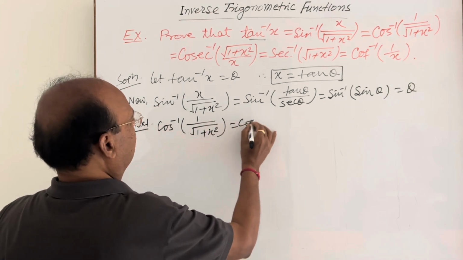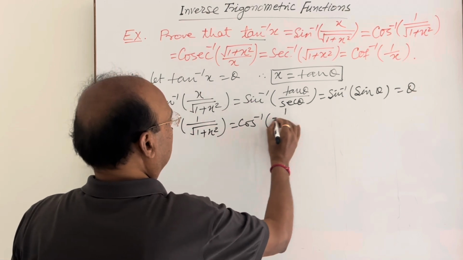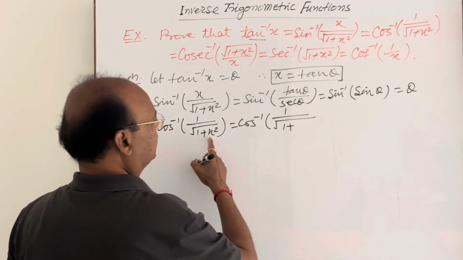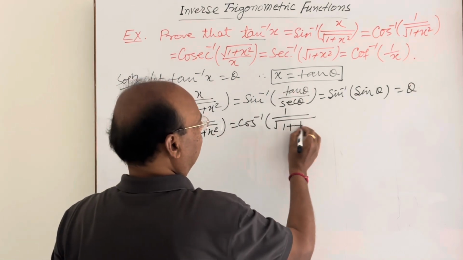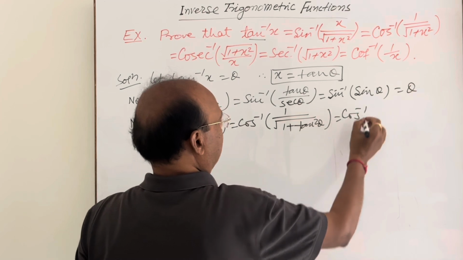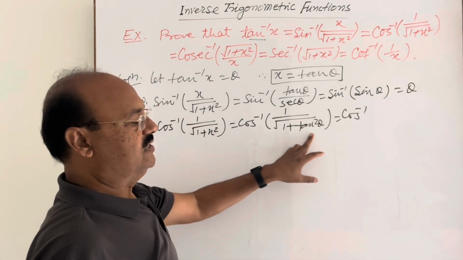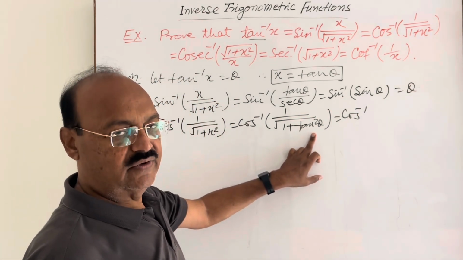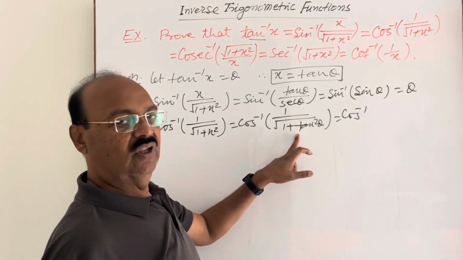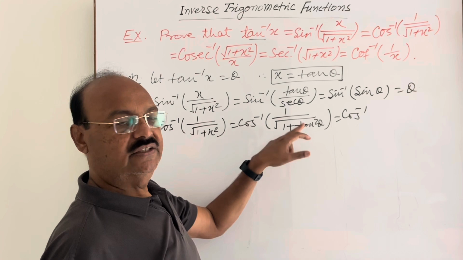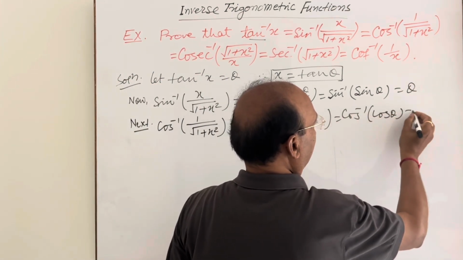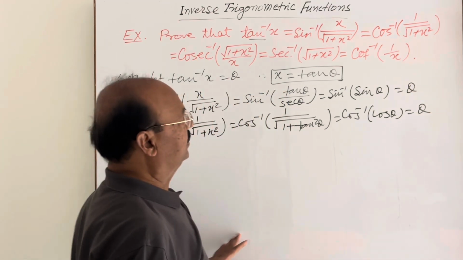This is equal to cos inverse of 1 by root over 1 plus tan square theta, and this is equal to cos inverse of, you know, 1 plus tan square theta is sec square theta, and root is here, so 1 by sec theta, and reciprocal of sec theta is cos theta. So cos inverse of cos theta is equal to theta.